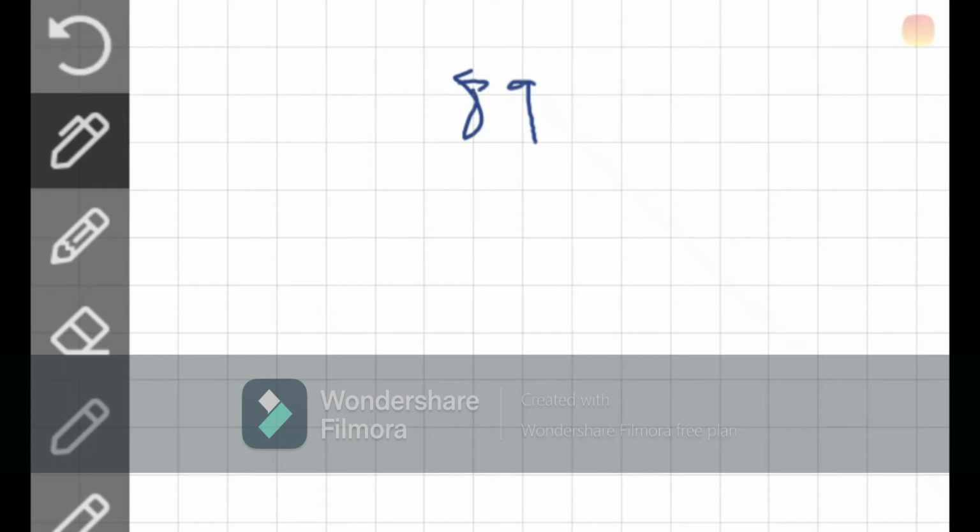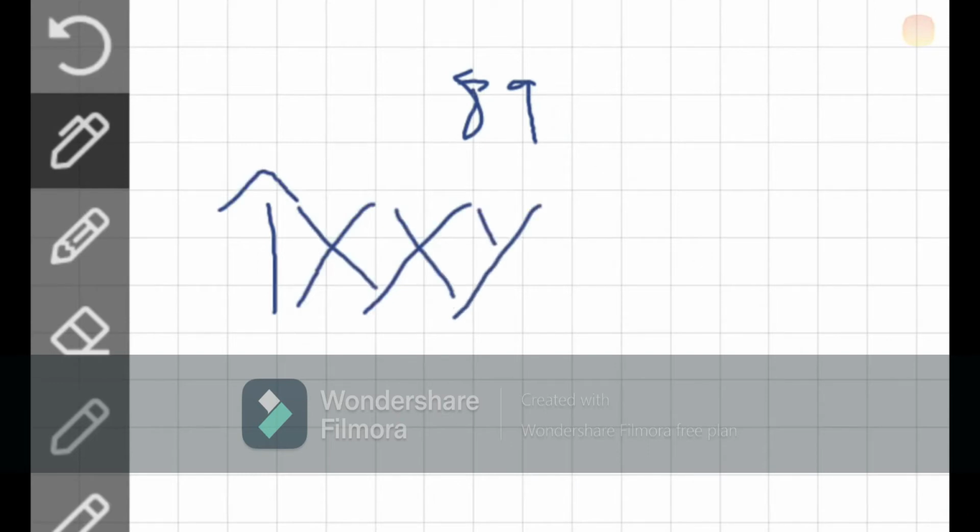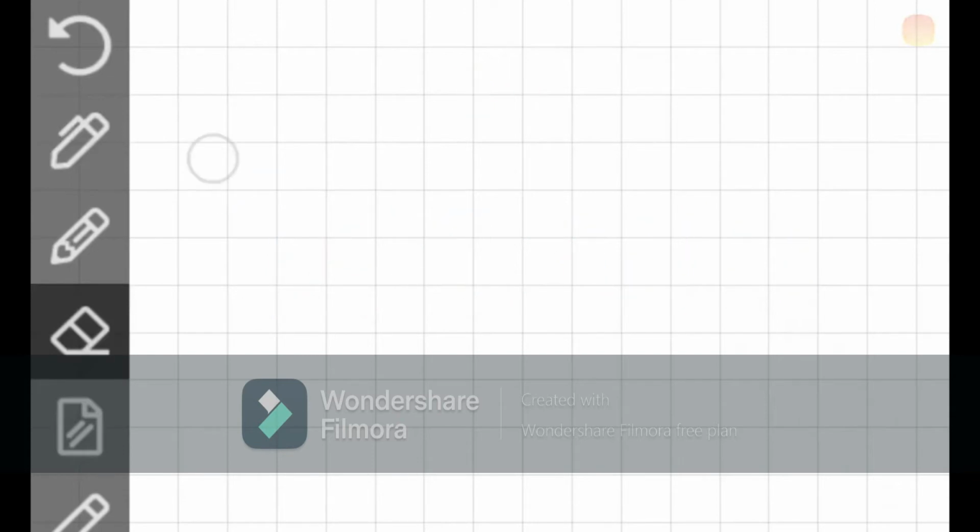I think we need first the symbol for 50, which is an arrow up. 50, 60, 70, 80, 85, 86, 87, 88, and 89. That's it. So in converting 89 into Etruscan numbers, you need one symbol for 50, three symbols for 10, one symbol for 5, and four symbols for 1.